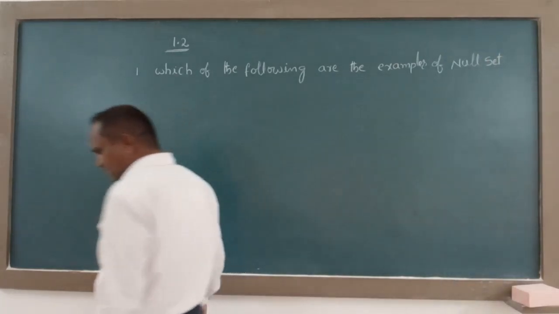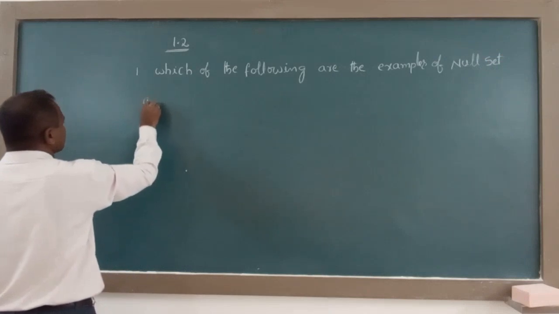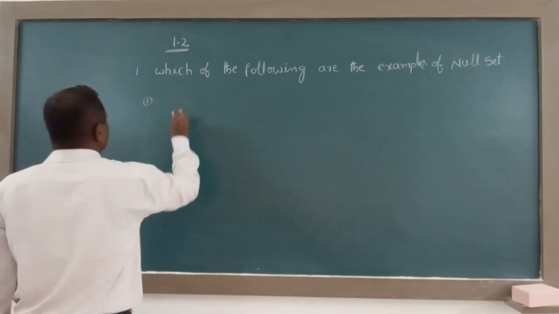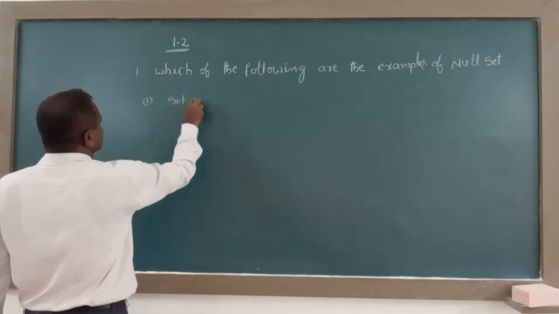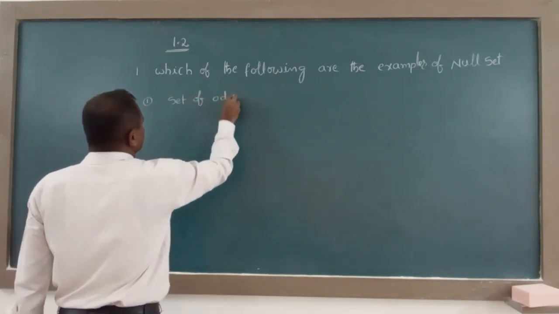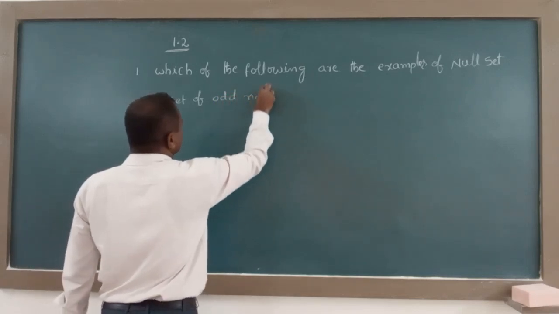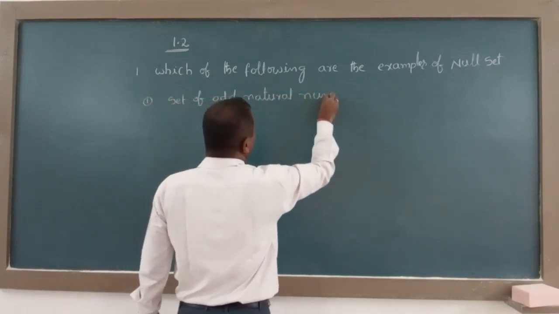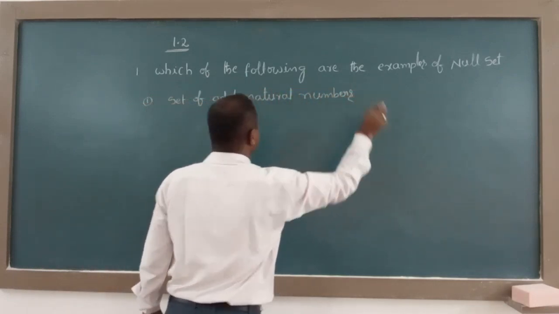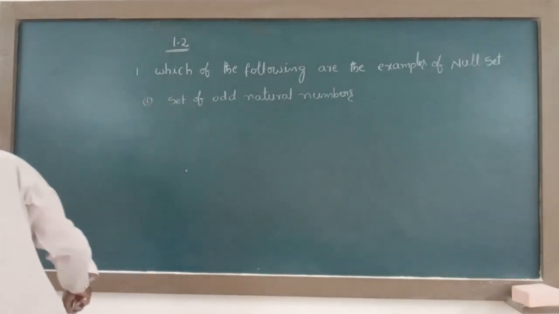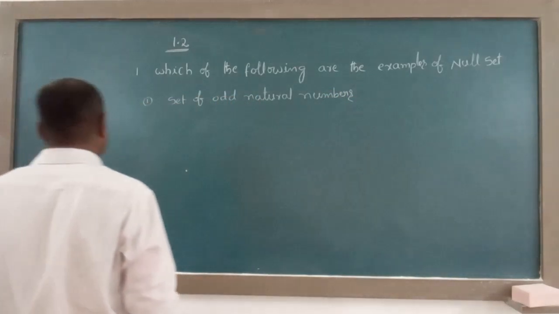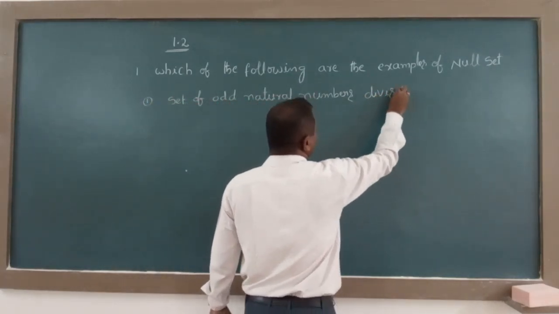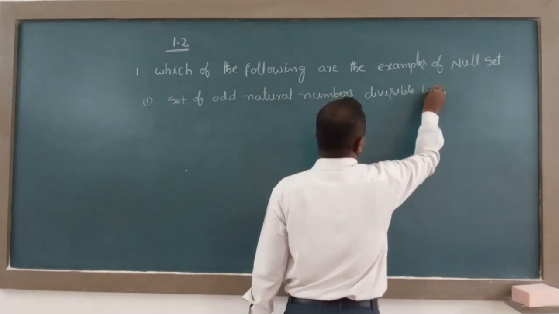Null set. First question. Set of odd natural numbers divisible by 2.